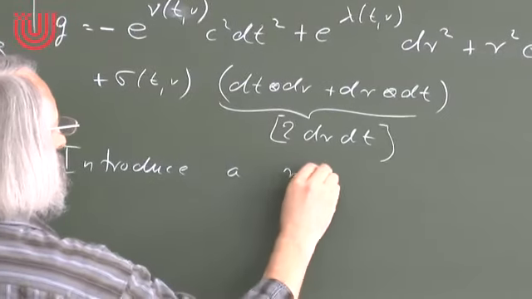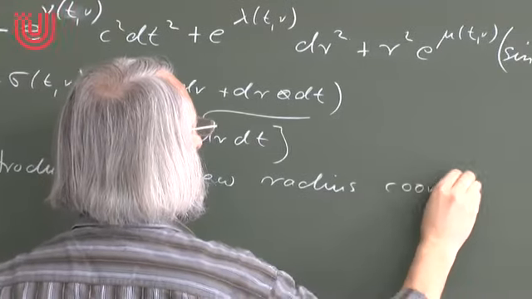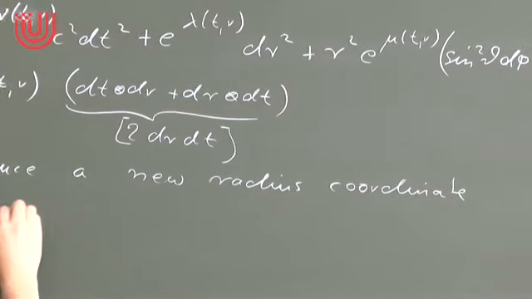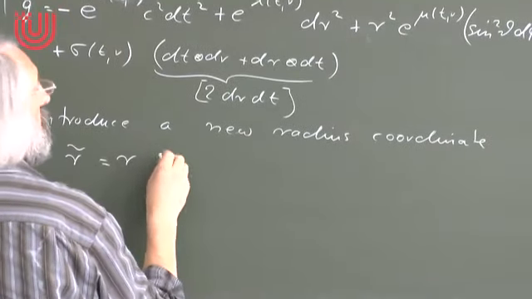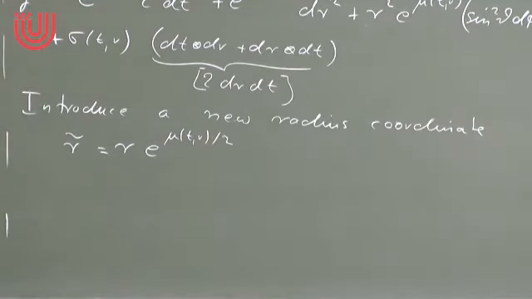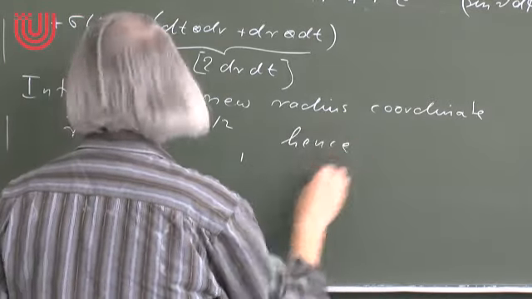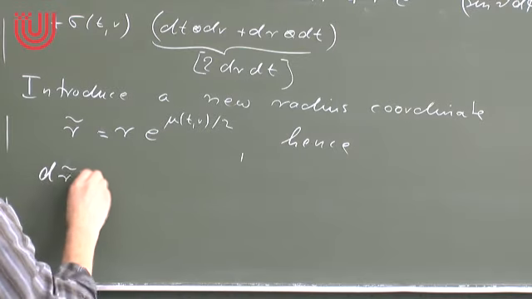Introduce a new radius coordinate. Let's call it r tilde. And it's just introduced in a way that this here becomes the radius coordinate squared. So this is e to the mu of t and r half. So from this, of course, we know how the differentials of dr tilde and the old coordinates are interrelated. We just have to differentiate this.